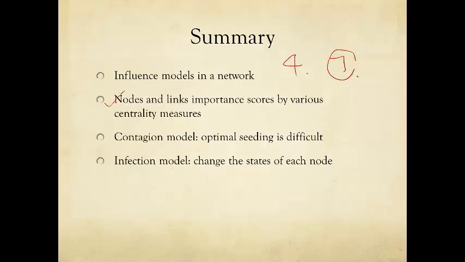But some take-home messages offer insights. For example, different ways to think about and quantify the importance of nodes and links. For example, in today's lecture, the contagion model and the optimal seeding being a difficult problem, and the infection model that we just talked about, how differential equation models of the change of states allow us to make some prediction and very useful public policies.